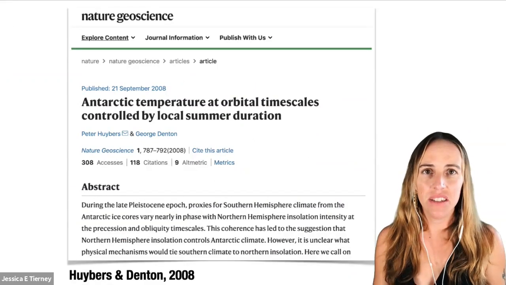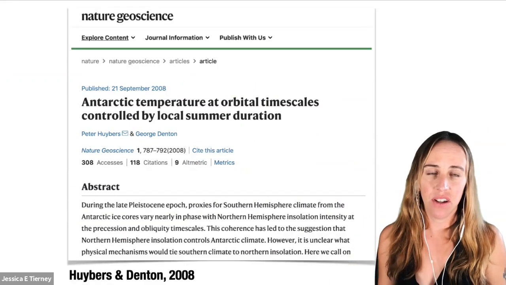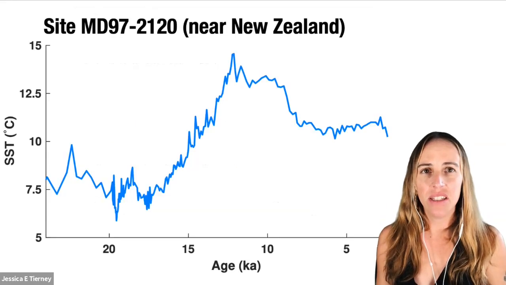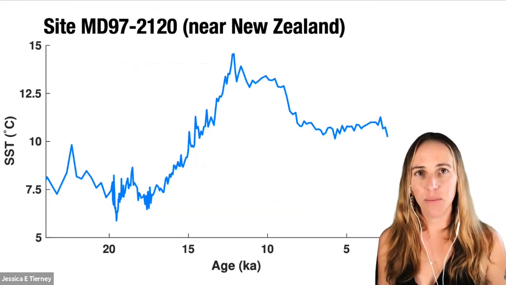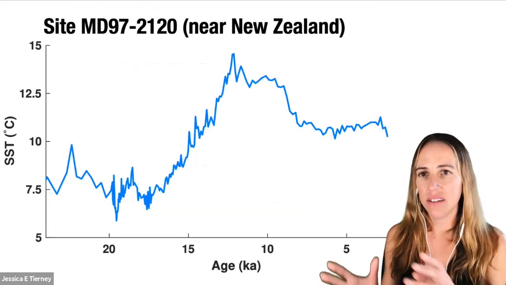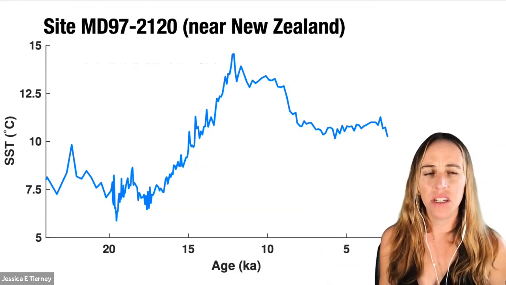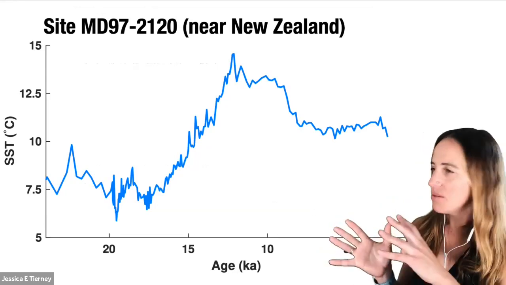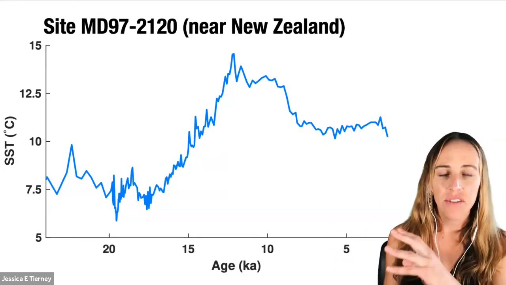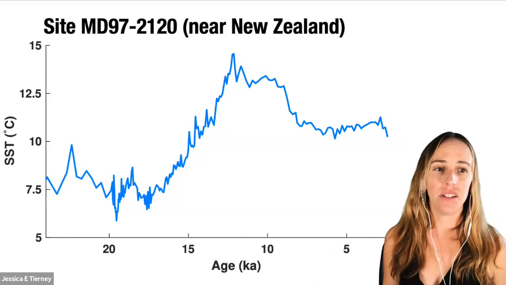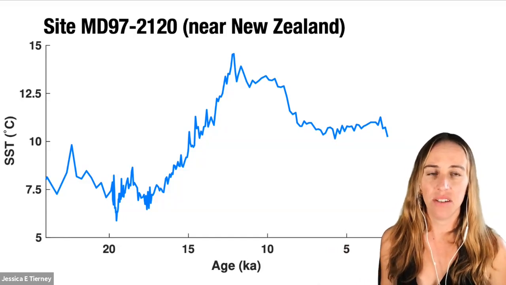And in fact, the DA is a reflection of the underlying data. So the underlying data that are contributing to this expression of this mode are sites like this. This is an alkenone reconstruction of SST near New Zealand. And you can see that it's very warm very early in the Holocene, sort of peaking around 11,000 years ago.